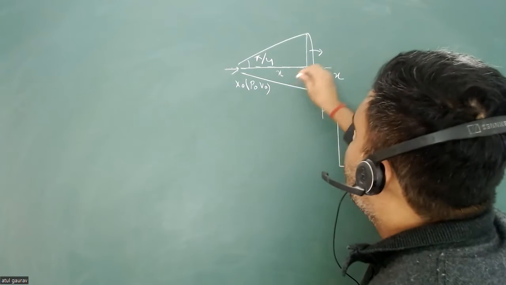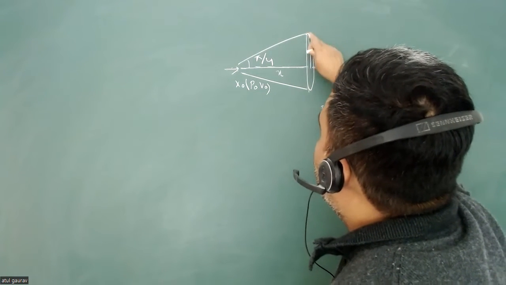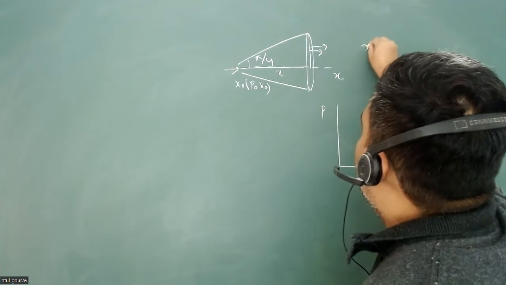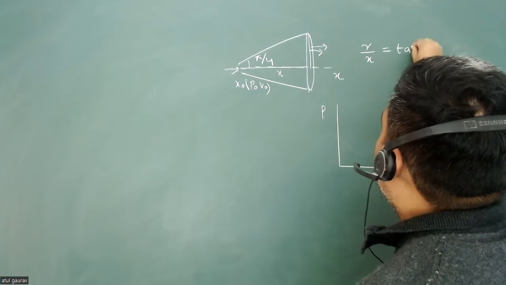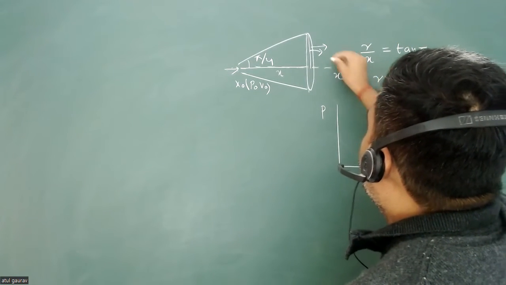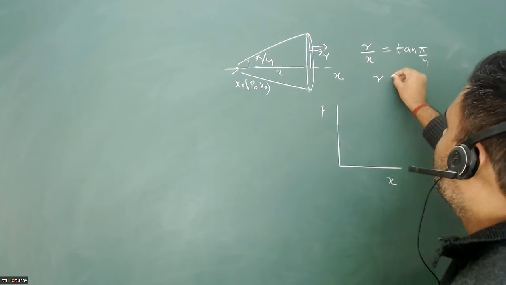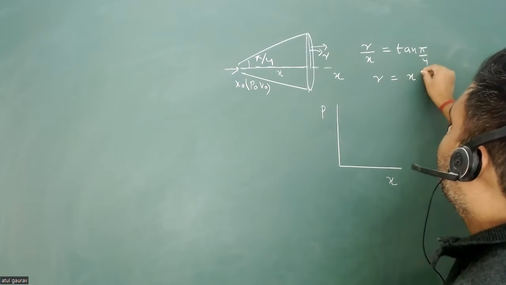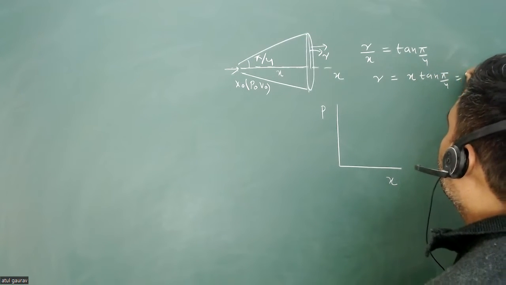So this is x, then obviously we can write r by x is equal to tan pi by 4. This is my r, the radius of this particular cross section. So r is equal to x tan pi by 4, that will be x.